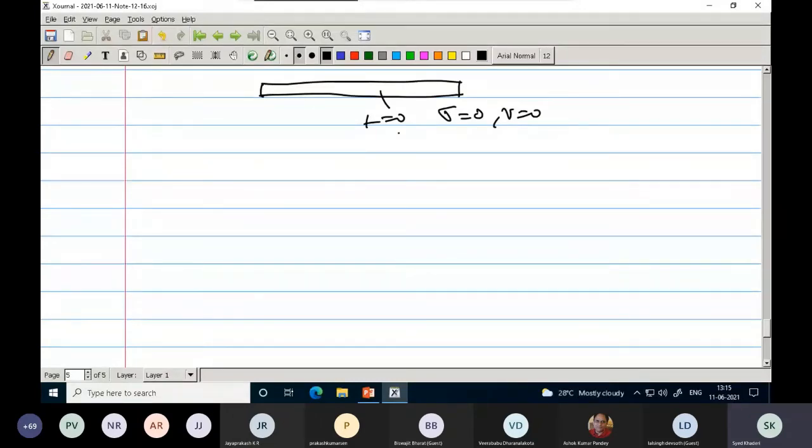Then on the boundary, we will apply a velocity: at x equal to 0, the velocity at 0 comma t is v naught for t greater than 0. Let's see what happens in this case.